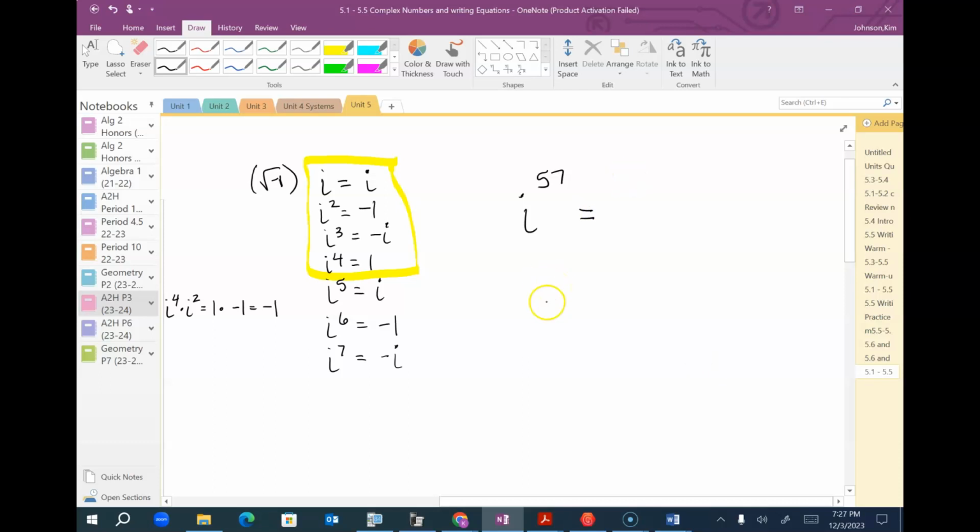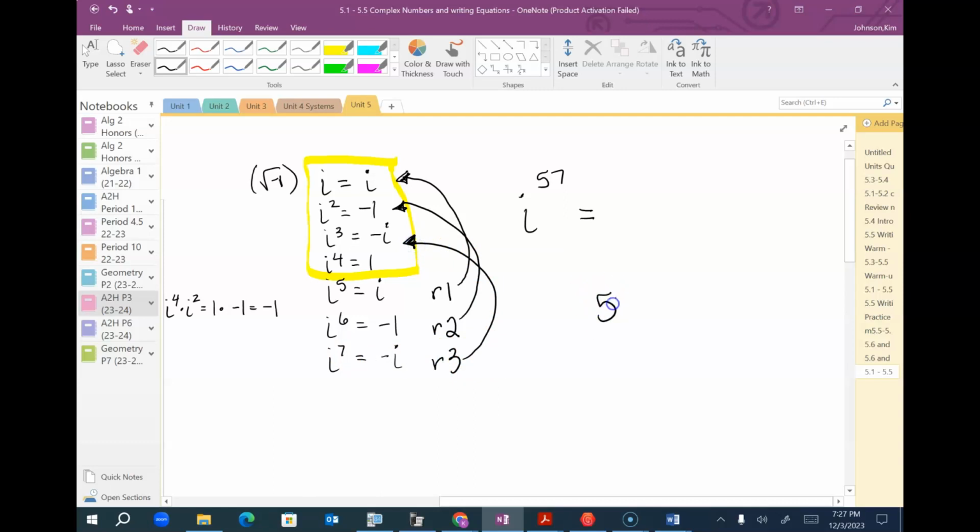For example, i to the 5th power, if I divide 5 by 4, you should get a remainder of 1. And so i to the 5th is the same as i to the 1st power. If you take i to the 6th power, if you take 6 and divide it by 4, you would get a remainder of 2. And that gave you the same answer as i squared, conveniently. 7 divided by 4, you should get a remainder of 3. That gave you the same thing as i cubed, and so on and so forth.